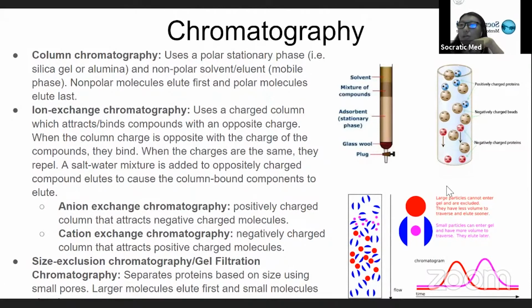Here in this diagram, you can see the different pores in the column, and these large particles come out first because they are bigger than those little pores, and so they can't get stuck within them. They just pass through and get out first, while the smaller particles can go in and tend to get stuck for a longer amount of time. And so they would come out after those large particles.